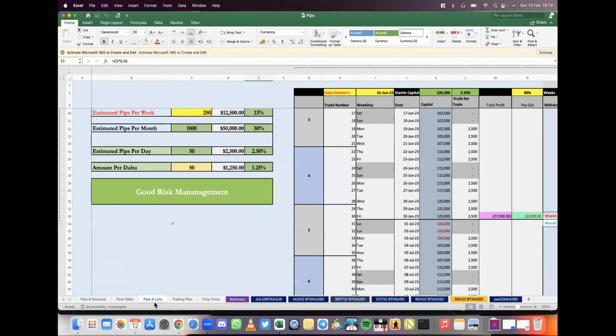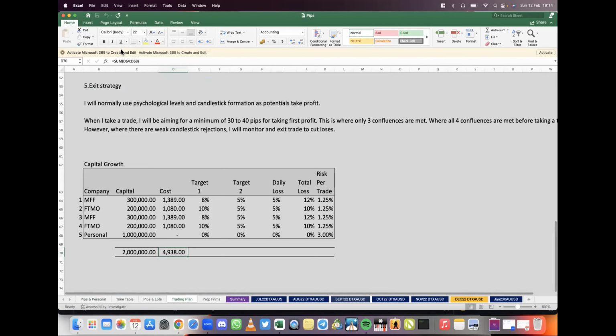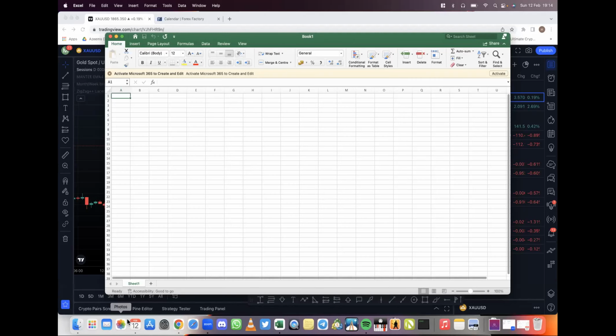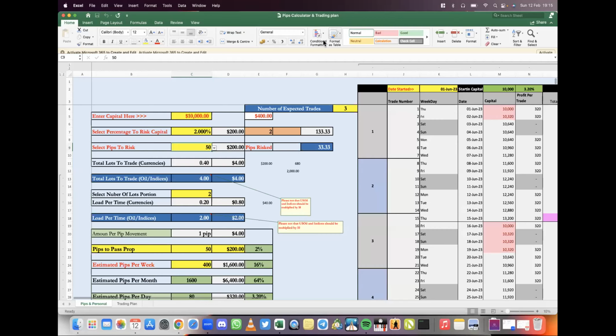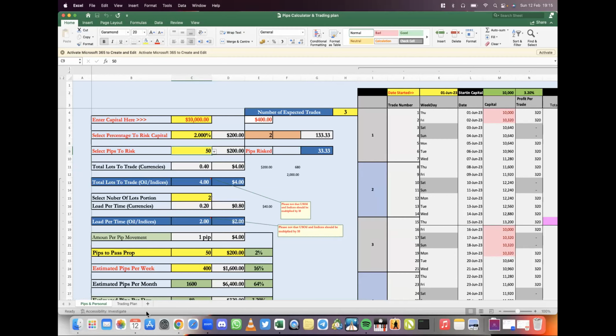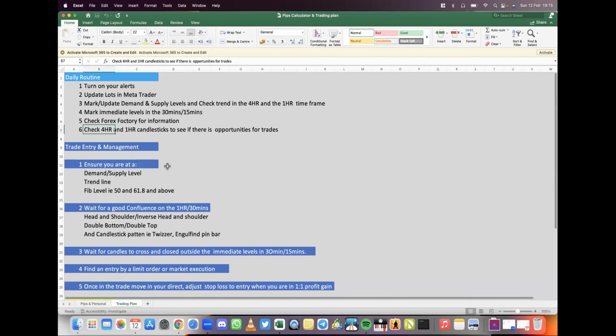I can't find my thing. All right, let's go back and use the same one. Pips calculator. Yeah, okay. So trading plan, literally.